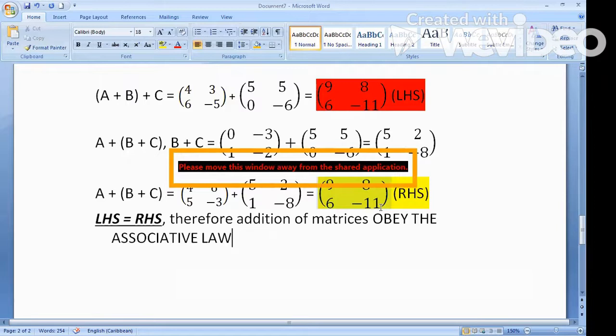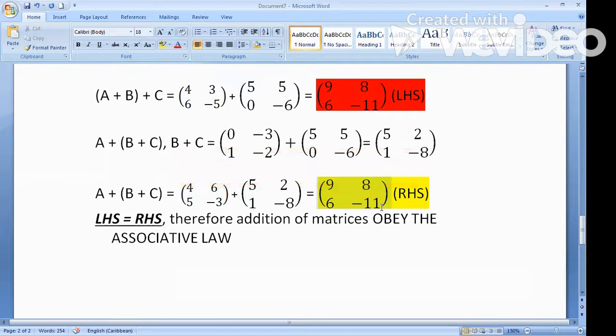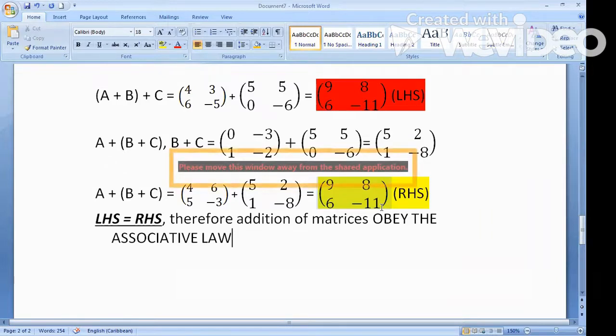So in the exam we would write "therefore, addition of matrices obeys the associative law." To be frank with you, I've never actually seen a question where they ask you to do all of this.